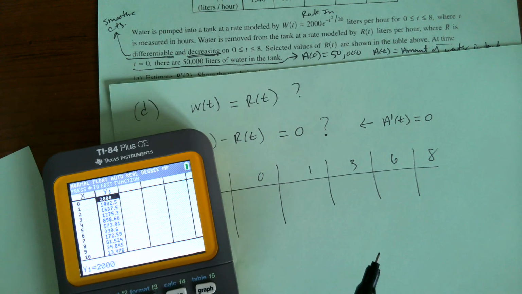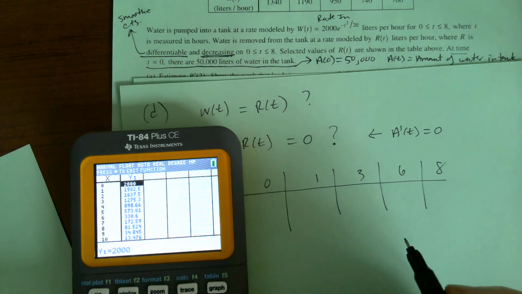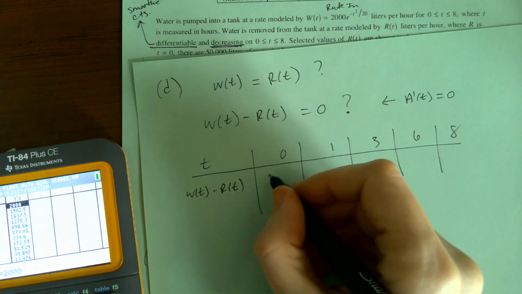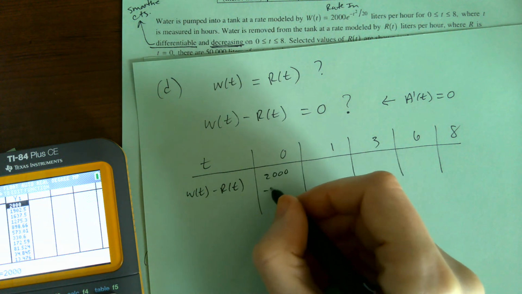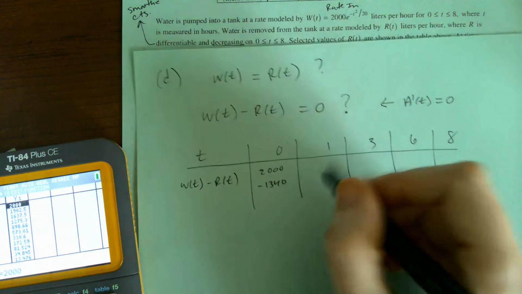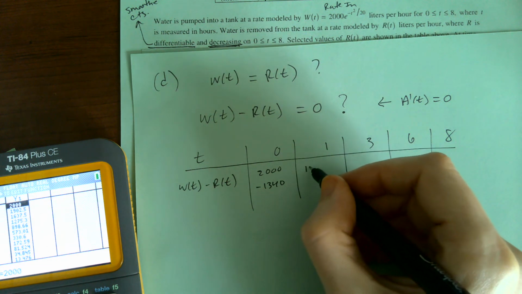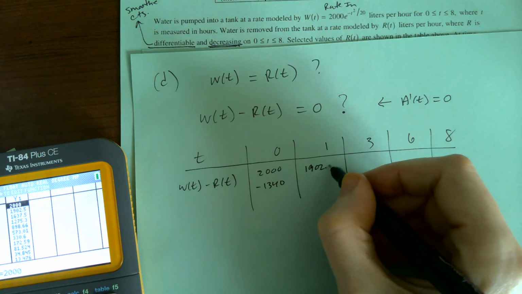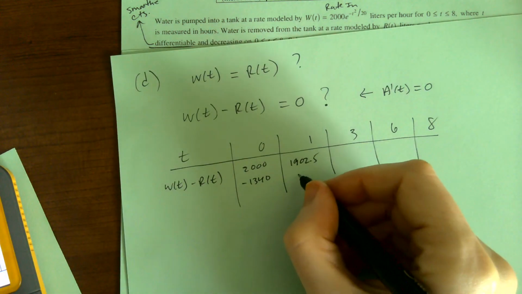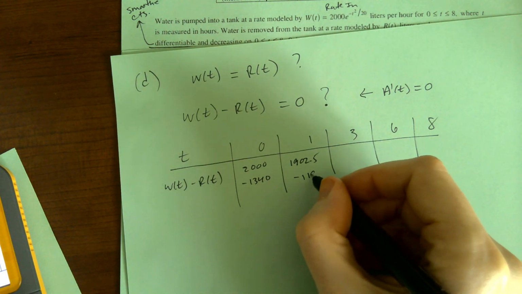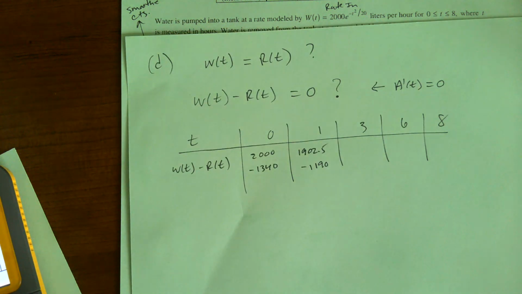So, yeah, I'll just go like this. So this is going to be 2,000 minus 1340. This is going to be 1902.5, so I'm just getting the values from here, minus 1190.